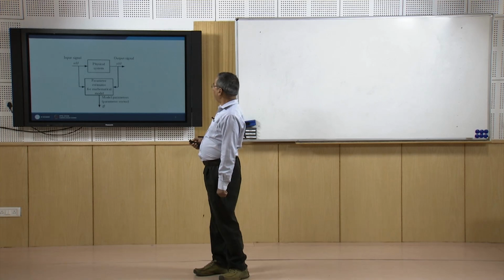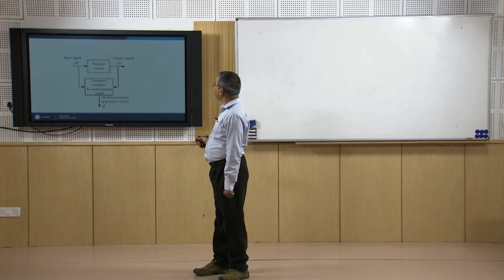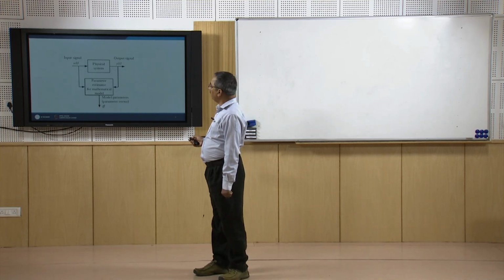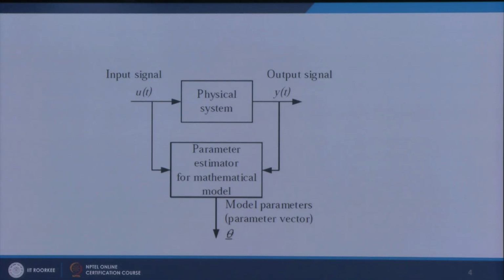We have a physical system, and on this physical system a certain input signal is given and we get a certain output signal. With the help of this input signal and output signal, we can have the parameter estimator for the mathematical model.